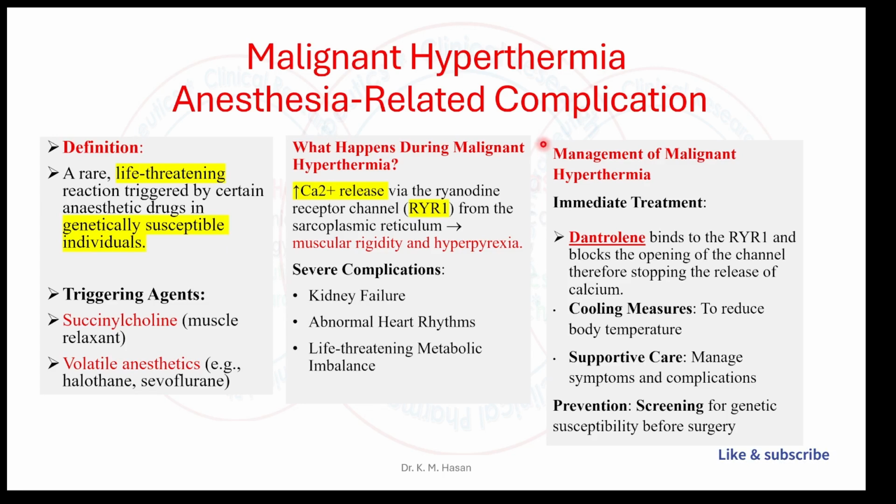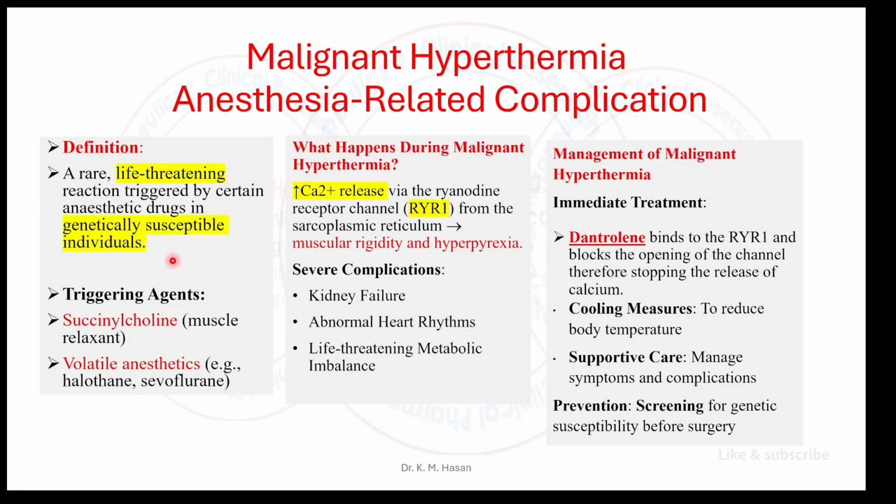Malignant hyperthermia is considered a rare life-threatening reaction associated with certain anesthetic drugs in genetically susceptible individuals. That means it does not occur in all patients, and the patient who has a genetic susceptibility may suffer from malignant hyperthermia.